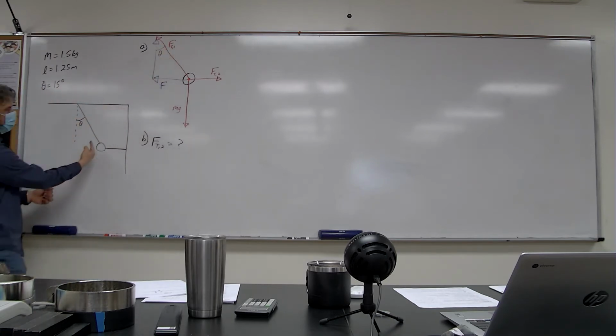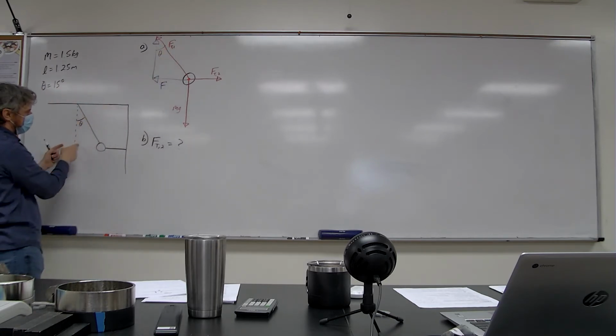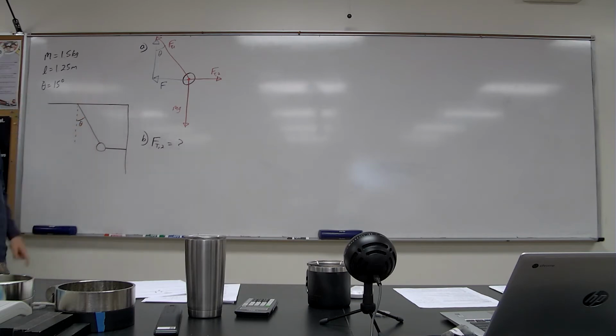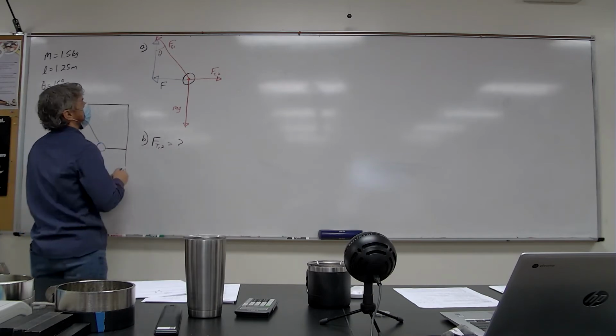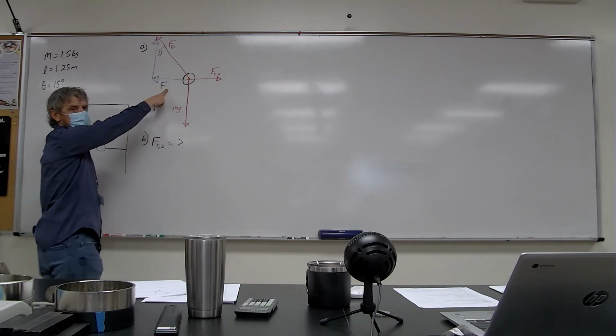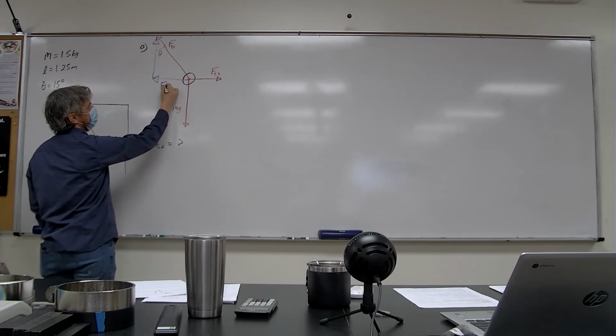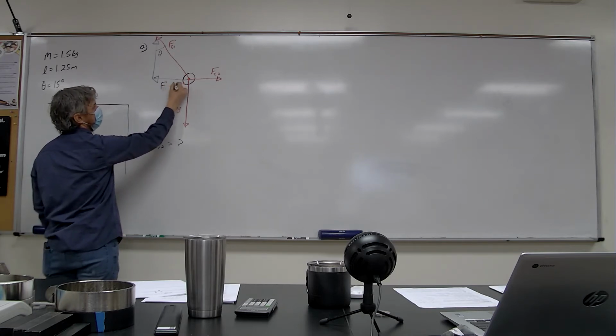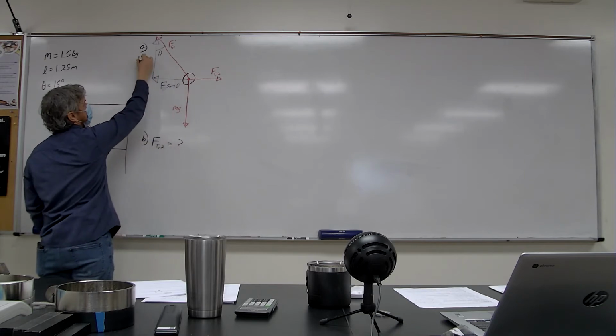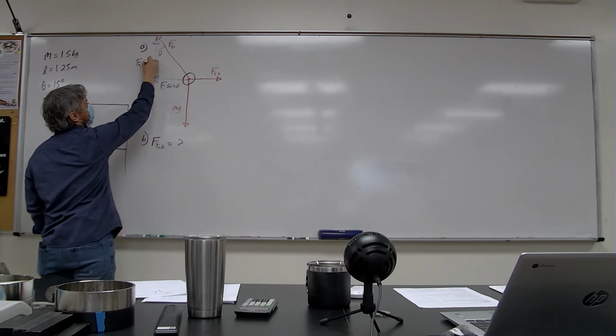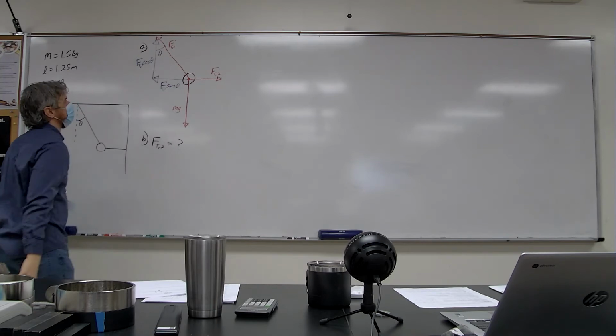If I was to draw my tension here, then that angle is congruent to the angle that I make whenever I decompose that vector. Making this the opposite side component, or the sine component. So this is FT1 sine theta. This is FT1 cosine theta, because that's the adjacent side.